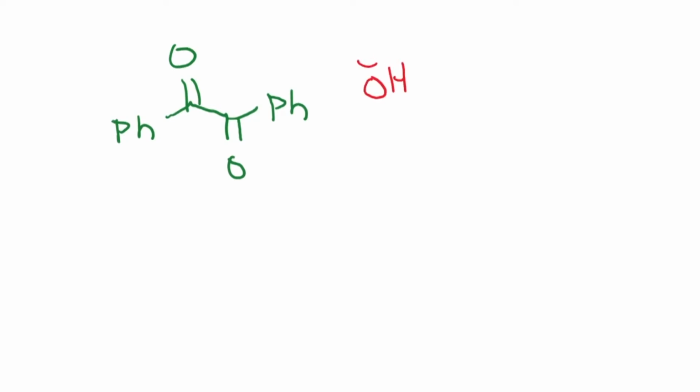So you have this ketone, Ph, ketone, Ph, and the first step is the addition of hydroxide ion. The hydroxide ion can attack either of these carbonyl groups, but let's say it attacks this one. Then the intermediate that is formed is the following.